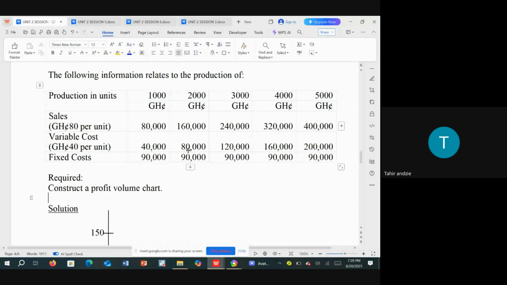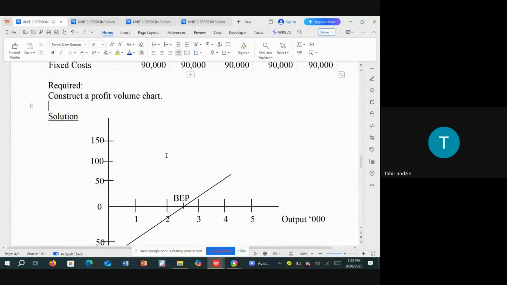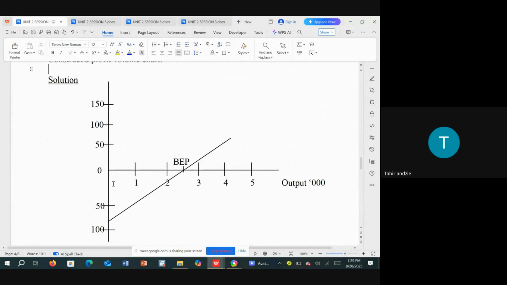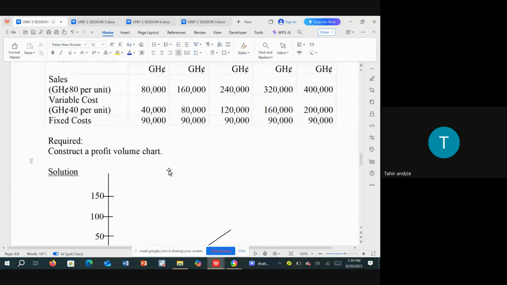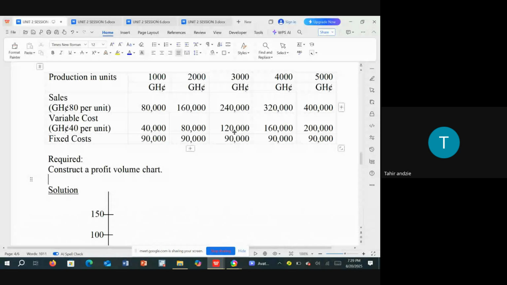The total cost will be 170. Have you seen? This is 170. So the loss now reduces to 10, and the 10 is somewhere inside here. So you have not broken even. But at activity level 3,000.